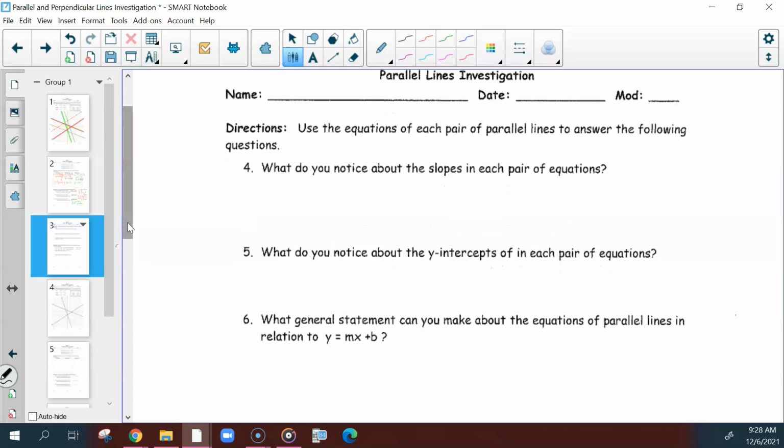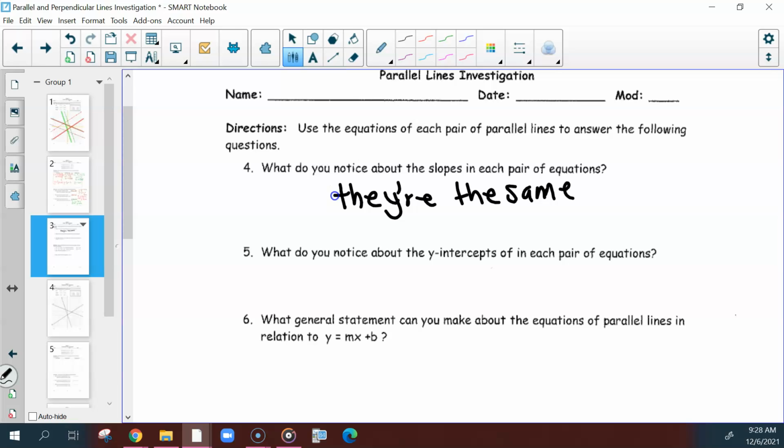For number 4, what did we notice about the slopes? They're the same. In each pair, they're the same. So if you wrote something specific about what numbers they were, or that they were both negative, you were on the right track.